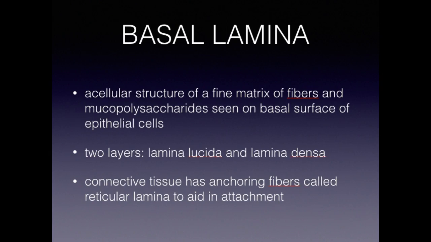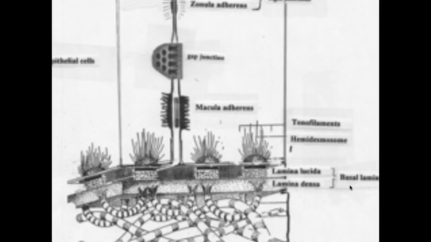Next to this, in the connective tissue, you would see anchoring fibers called the reticular lamina that will aid in attachment of the epithelium to our connective tissue. So this is a picture of that.